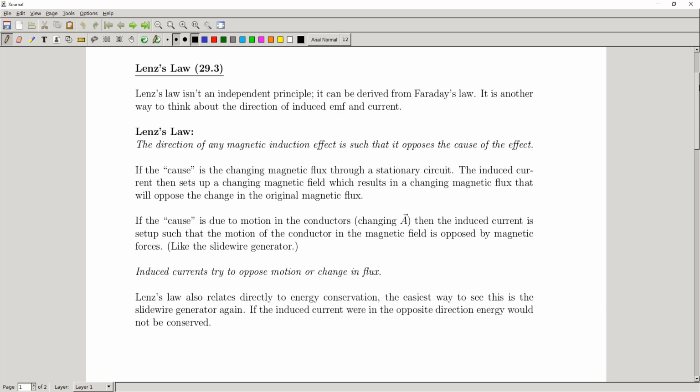The induced current set up by this changing magnetic field is going to cause a magnetic field, therefore resulting in a magnetic flux that's going to oppose this change in the original magnetic flux.